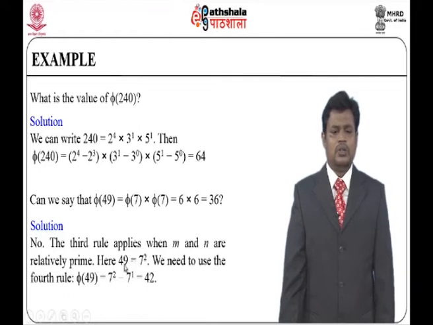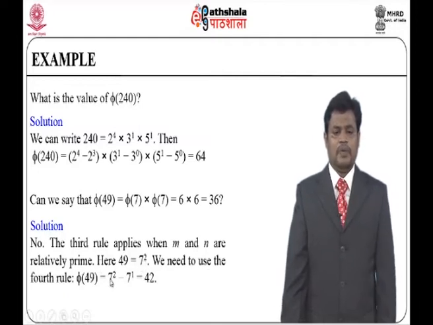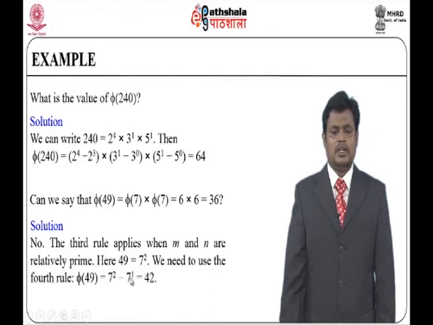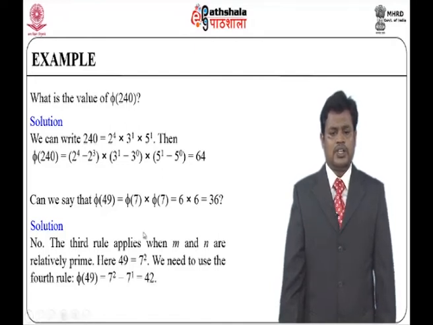We have to take 49 as 7 square, so we need to use the fourth rule: 7 square minus 7 power 1, that is 49 minus 7, which gives 42.